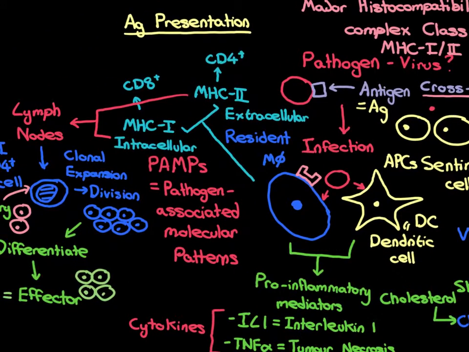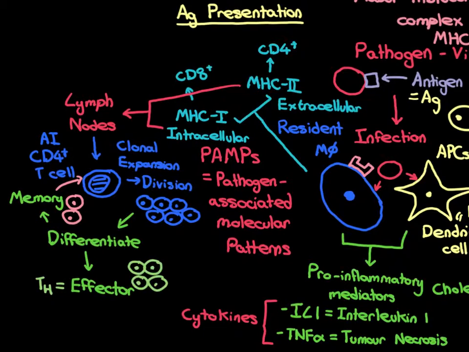So it will go to the lymph nodes, and there it might happen to meet one of the members of that autoreactive CD4 positive T cell clone that's directed against that peptide fragment. And when it does so, it will be able to activate that autoreactive clone of CD4 positive T cells.